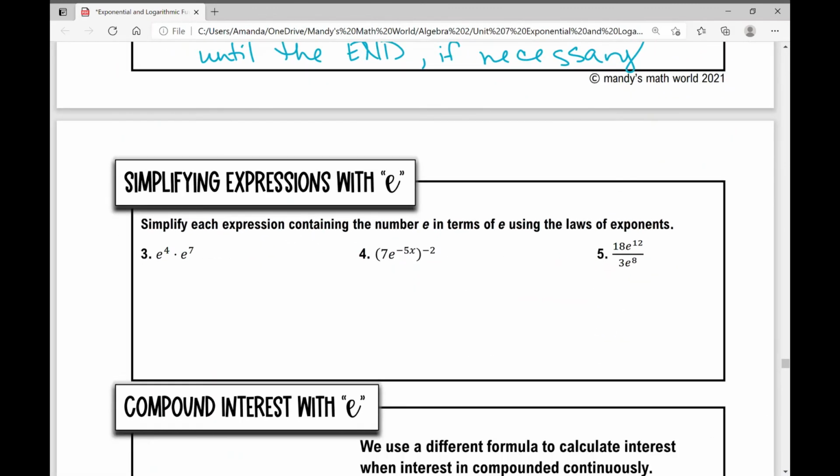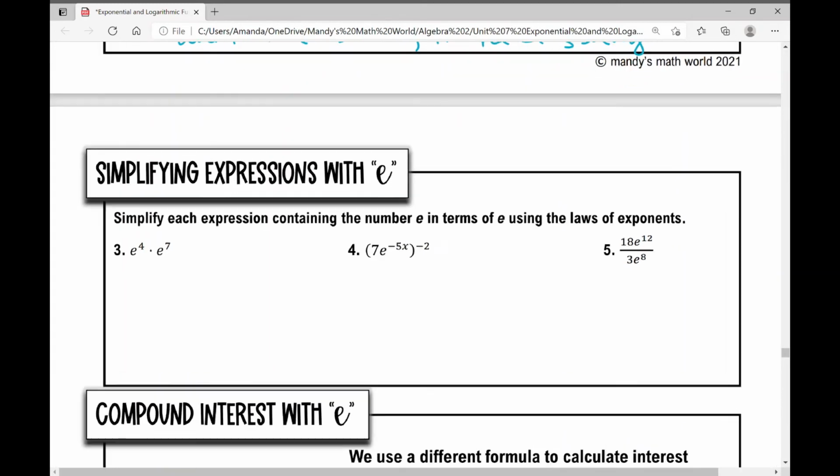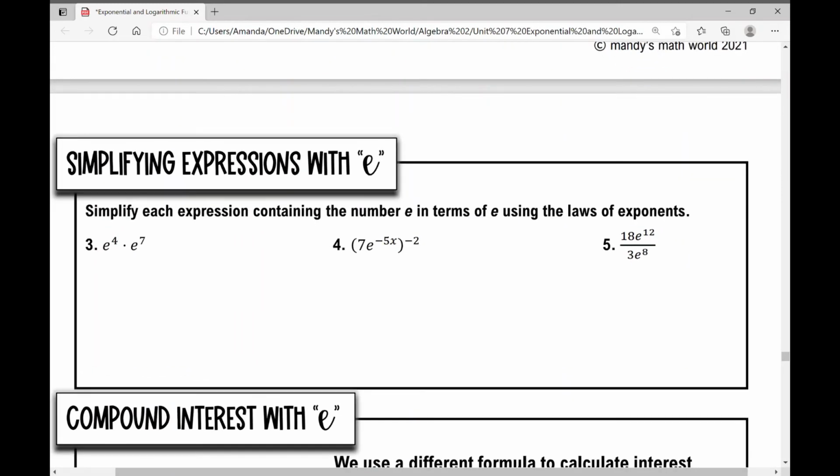So let's look over simplifying expressions with e. We're going to treat e like we would any kind of variable, because it represents a number, albeit irrational. So if I have, for example, on number 3, e to the power of 4 times e to the power of 7, that's the same thing as x to the power of 4 times x to the power of 7, or 3 to the power of 4 times 3 to the power of 7.